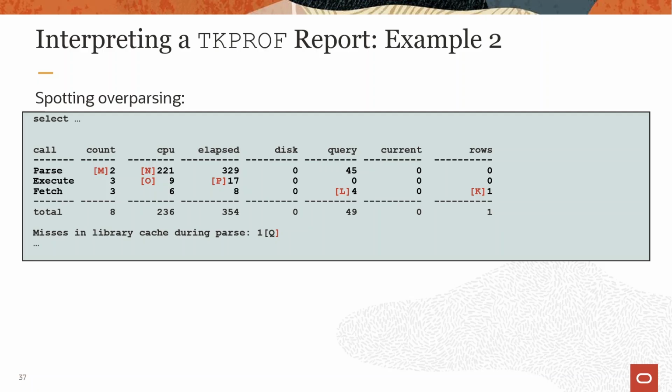So if people are complaining about that particular select statement, it's of no use to tune the execution plan, because you see that the execution time is far less than the parsing time, but we need to focus on what's happening during that parse phase of that select statement to find out why it takes the majority of the time to perform that parsing, in fact. This will require some further investigation.